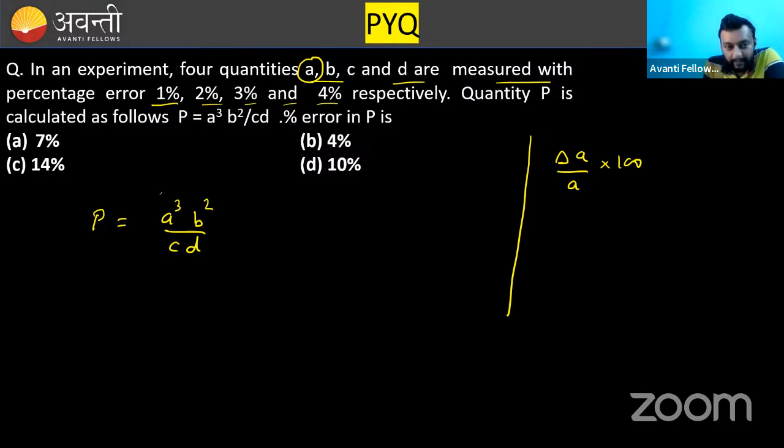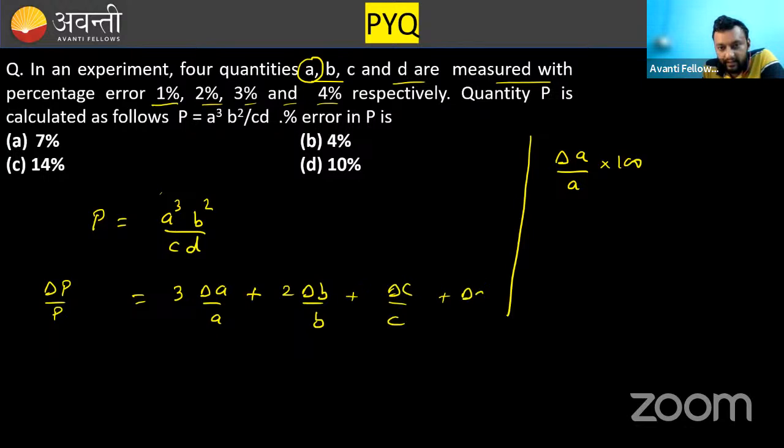We can write delta P over P, the error in the measurement of P, as 3 times delta A by A plus 2 times delta B by B plus delta C by C plus delta D by D. If you want to calculate percentage error, then you should multiply each term by 100.